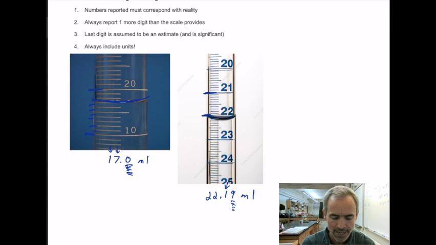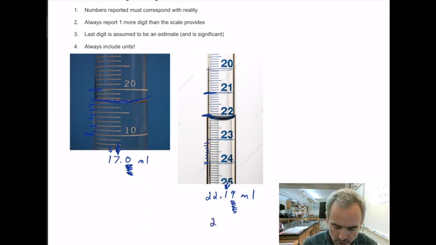So let's go back and look at the graduated cylinder just as a review, right? We have the ones place here. We report to the tenths place. Here, our scale gives us the tenths, right? These are tenths of a milliliter. That's this right here, and we report it to the nearest hundredth, and that last digit's assumed to be an estimate.